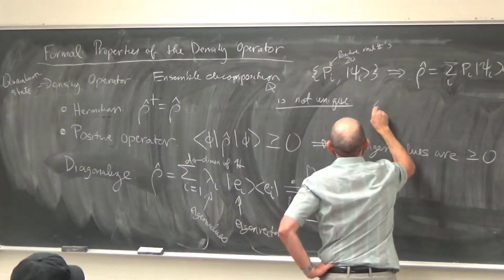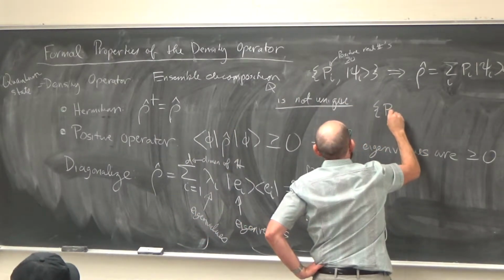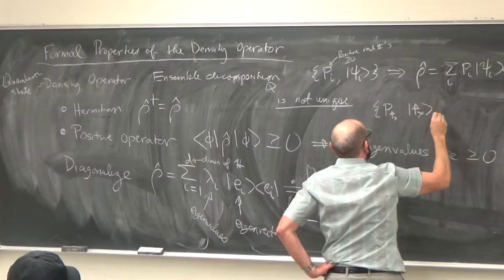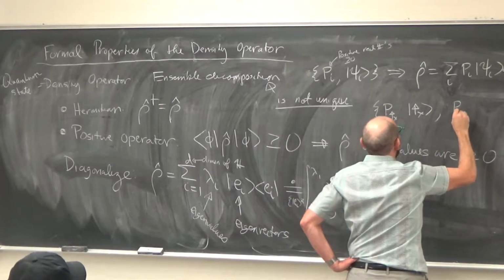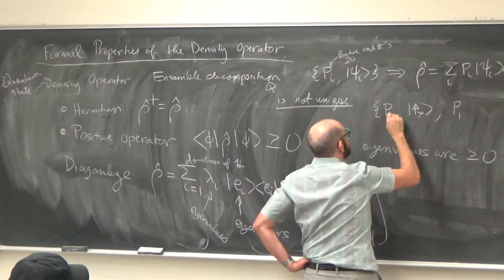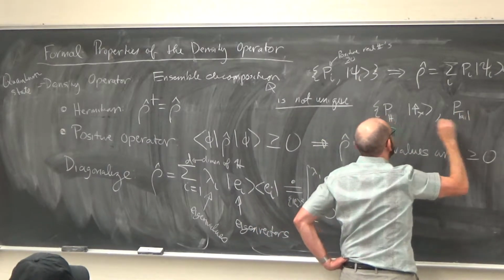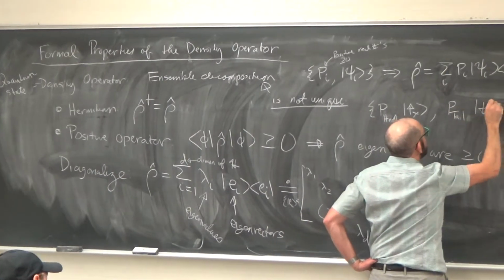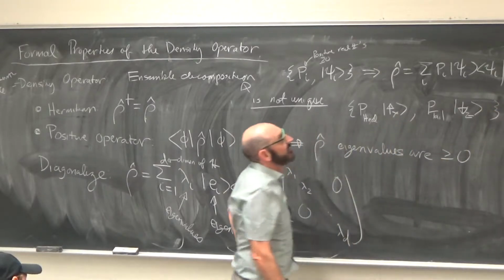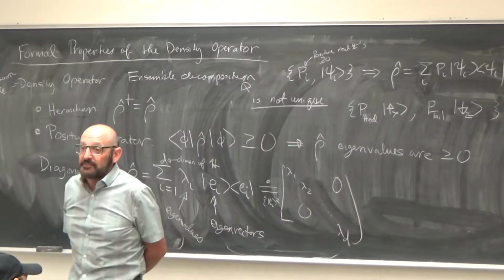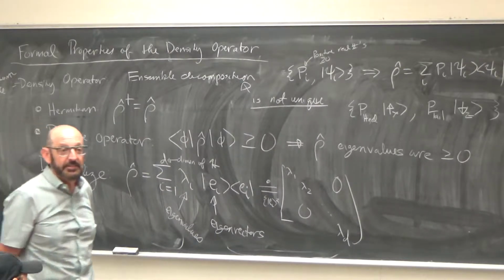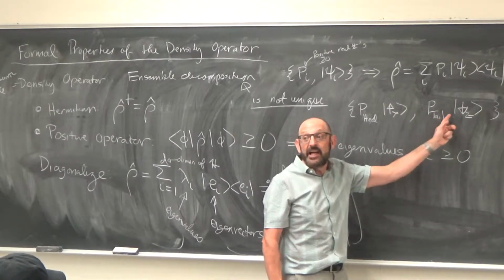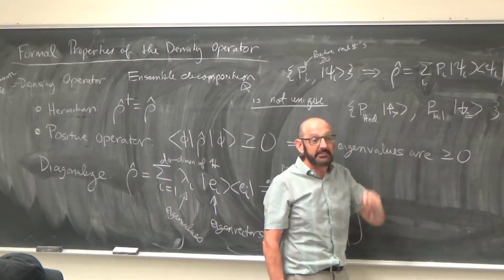But for example, I could flip a coin and send out spin up along X, or if I get tails, spin down along X. That's a possible preparation procedure. But these are clearly not the eigenvectors of any Hermitian operator. Why?